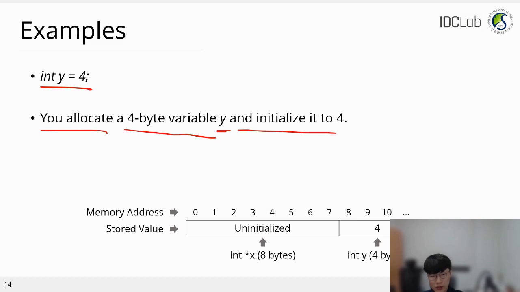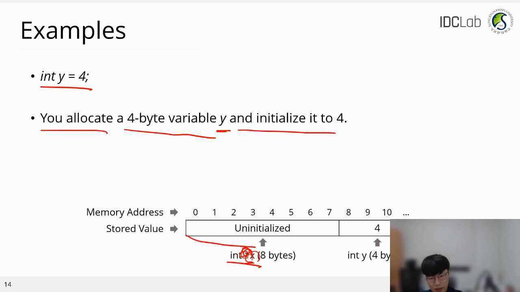Here I will assume that the pointer x is already defined. So in memory, we have two variables defined, int star x. This star means that x is a pointer variable, but for now, just ignore this symbol. Each pointer variable takes up 4 bytes of memory on a 64-bit machine. We will talk about this later, so forget about it for now.